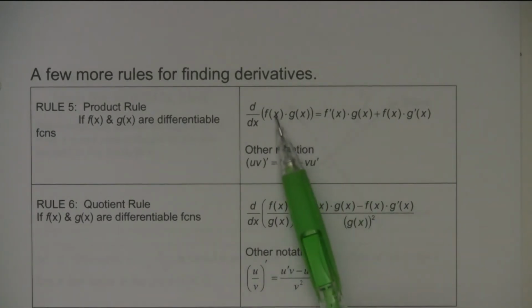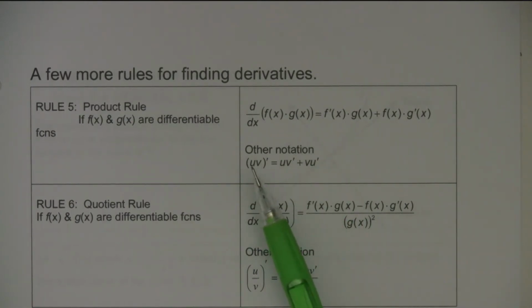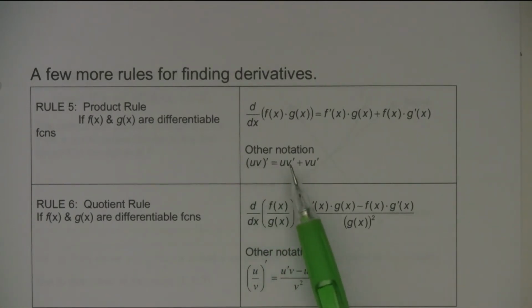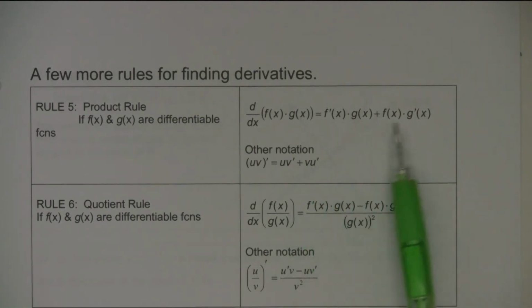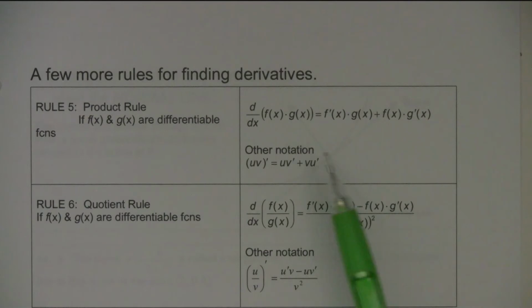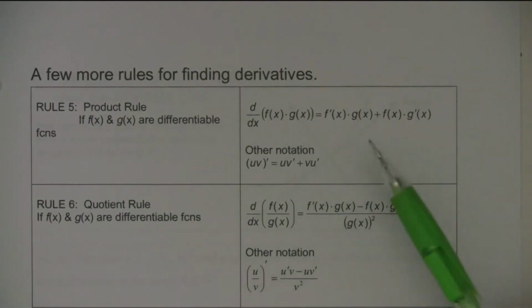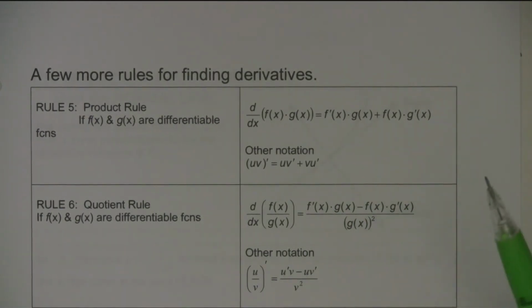This is notation with f's and g's. This is notation with prime, which is the notation I actually usually use. (uv)' is telling me find the derivative of a product, and it's u v prime plus v u prime. So one of them without the derivative, the other with the derivative; without the derivative, with the derivative. You notice it's written backwards here, because it doesn't matter, commutative property of addition.